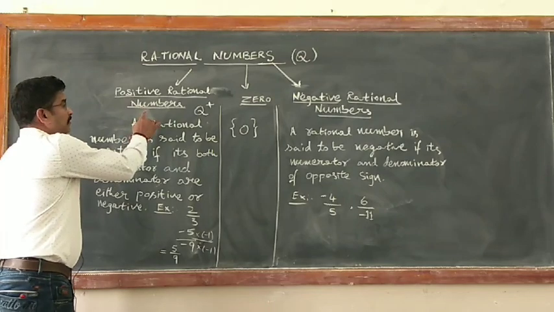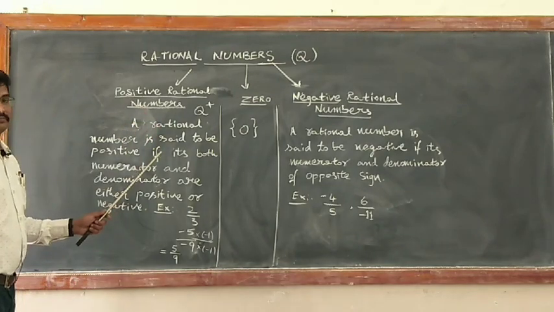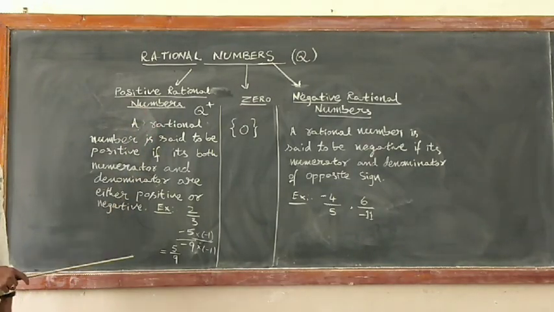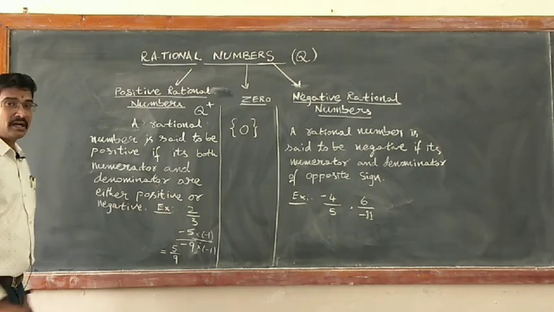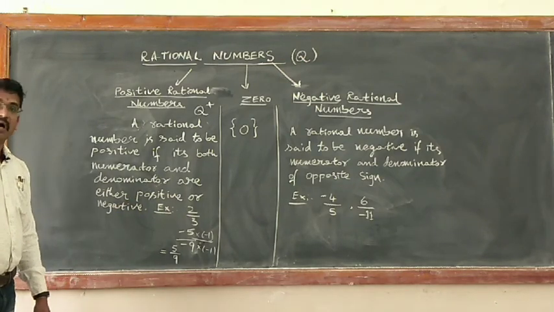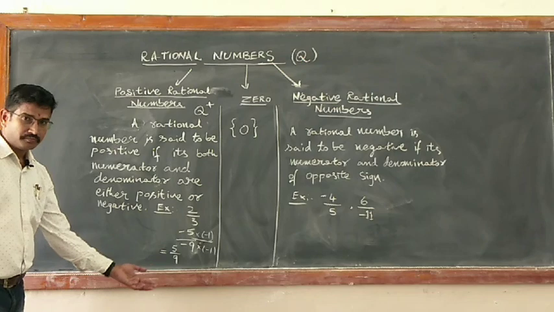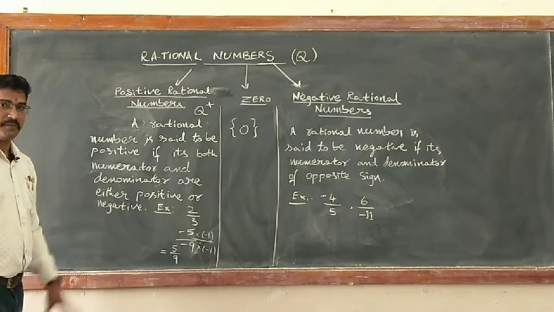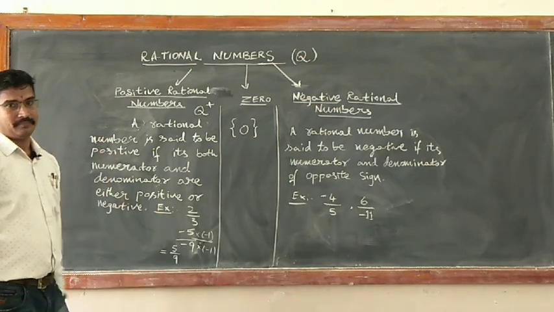So, a positive rational number is a rational number in which both numerator and denominator are either positive or negative. That means both must have the same sign.